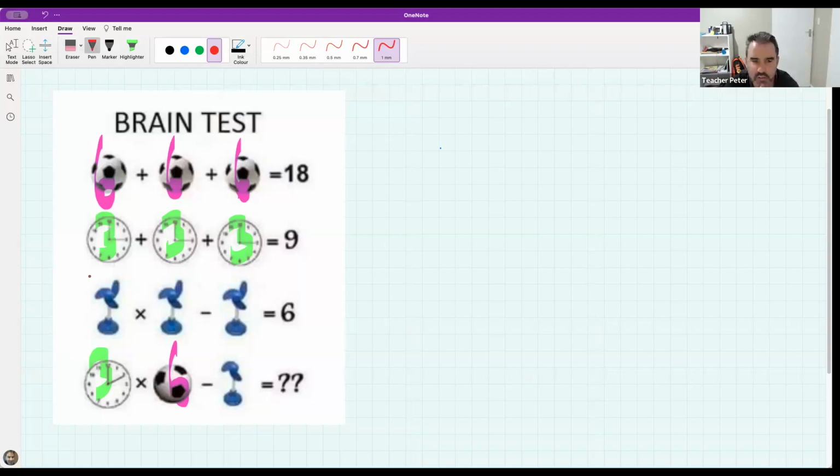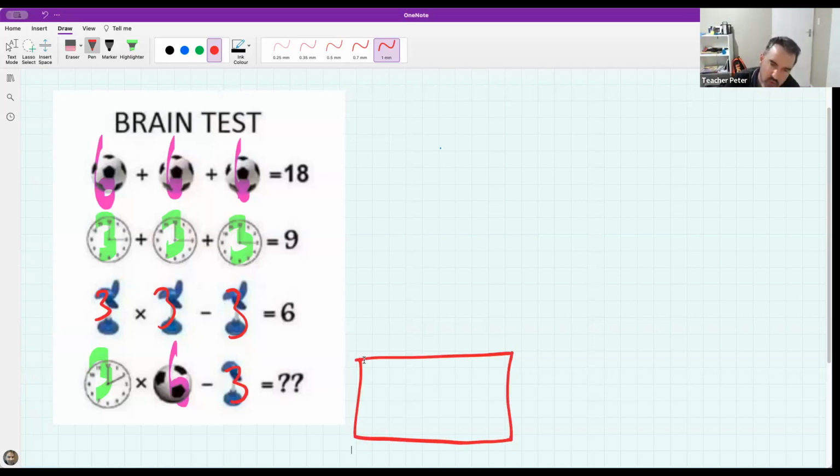Is it for the clock? So what is one of these going to be? Okay, so the clock is 3. Now, what are the fans going to be? Oh, it turns out Sange says the fans are also 3. So if I go 3 times 3, I get 9, and I take away 3, I get 6. Yep, I agree. Okay, what is the final answer?